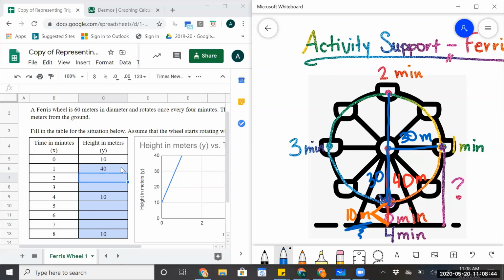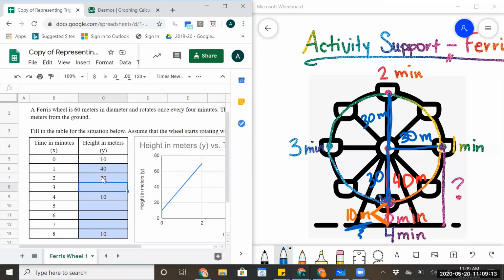So really, if you think about it, it's the 40 meters plus a radius of 30 meters. Okay? However you're looking at it, diameter plus 10, radius plus the height of the center of the Ferris wheel off the ground. Again, whether you're looking at it the first way or the latter way, we are now 70 meters off of the ground.